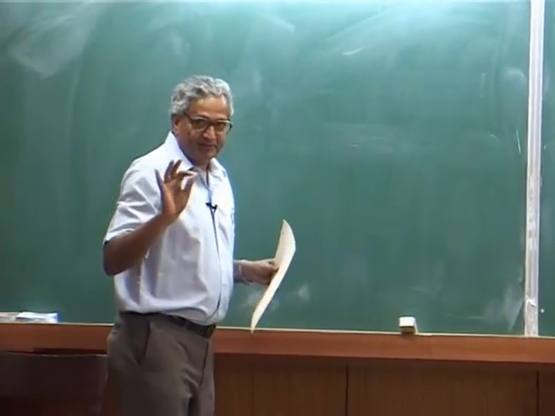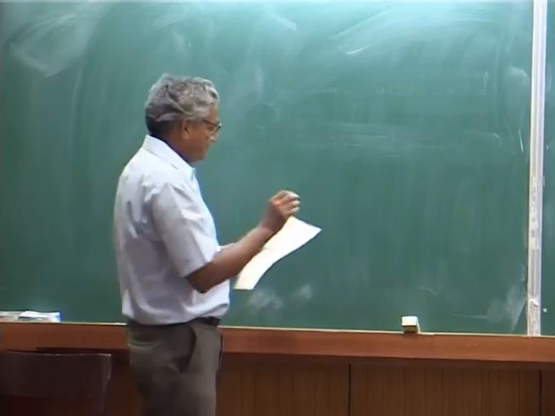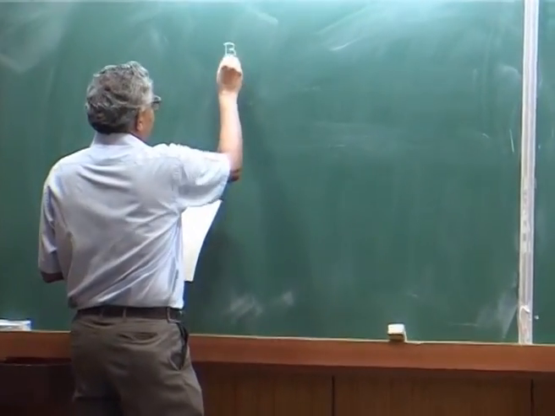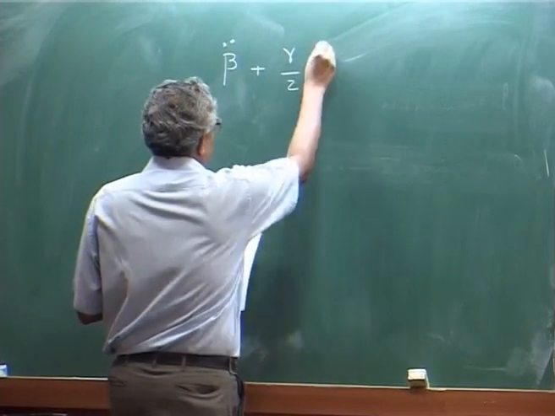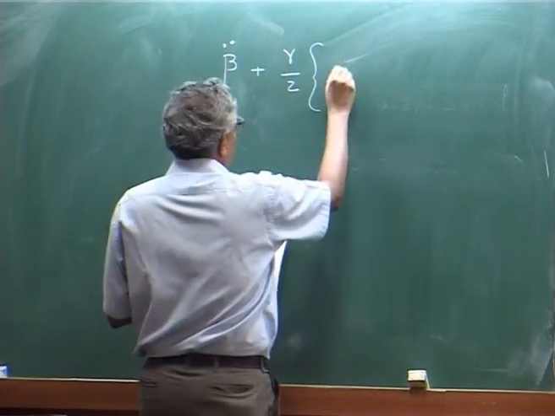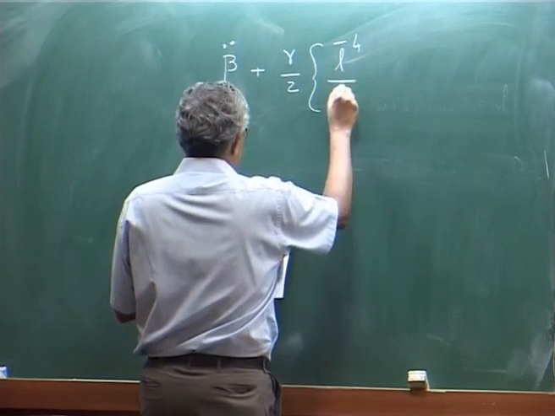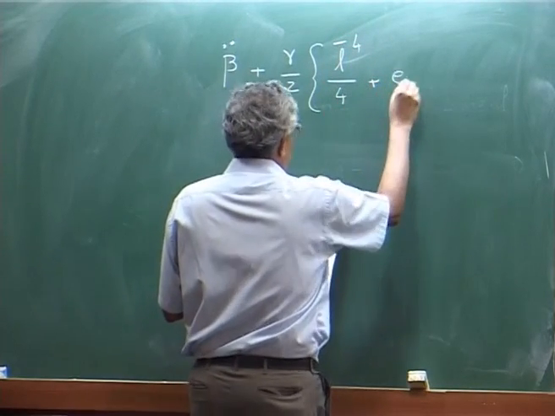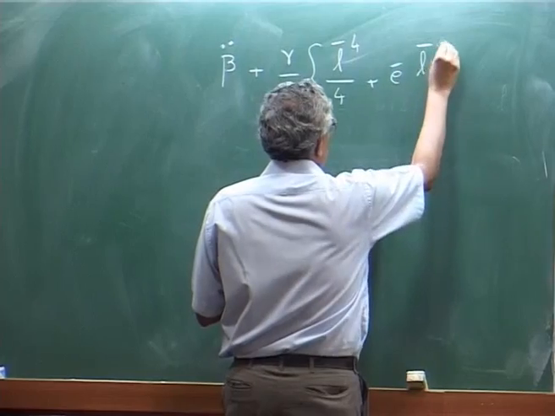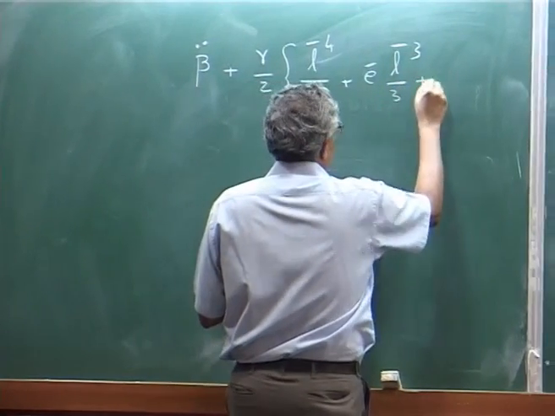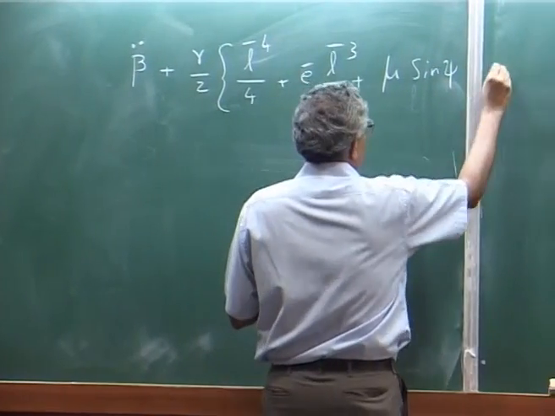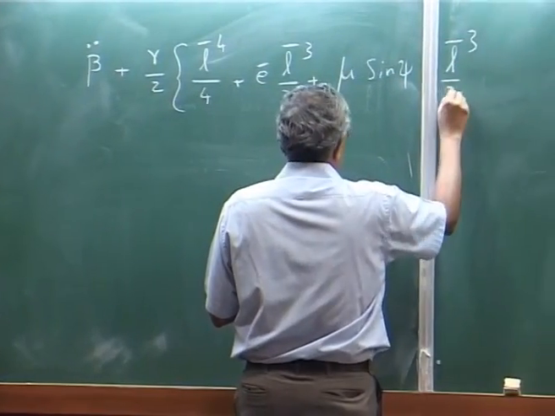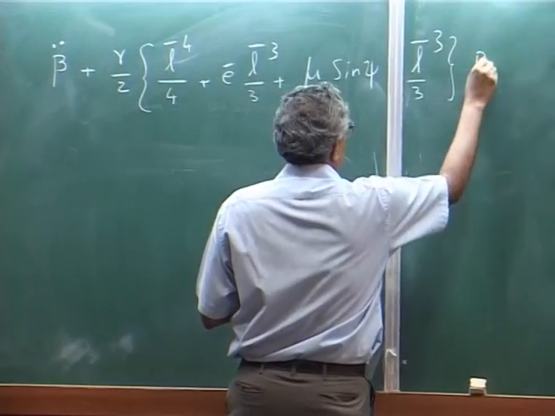All the derivatives are with respect to non-dimensional time. Beta double dot, this is gamma Lock number, plus mu sin psi beta dot.